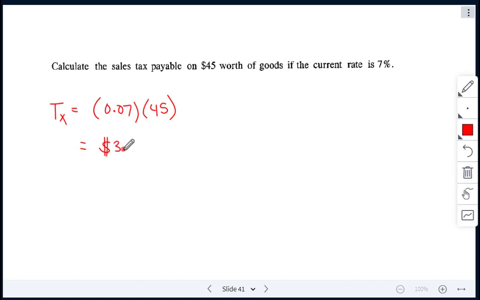So that is the sales tax. It doesn't ask us to calculate the total, just the sales tax. So $3.15 is the sales tax payable on $45 worth of goods at a rate of 7%.